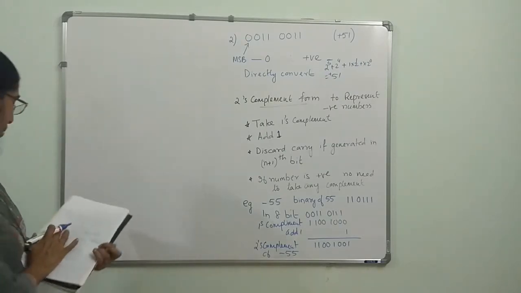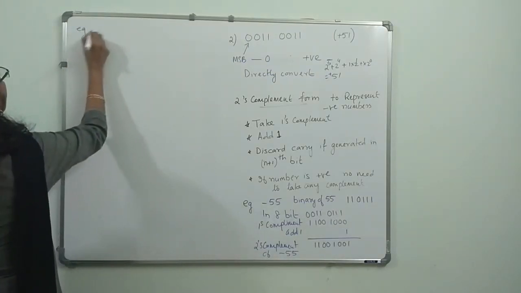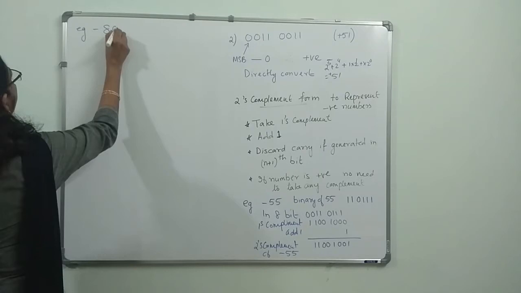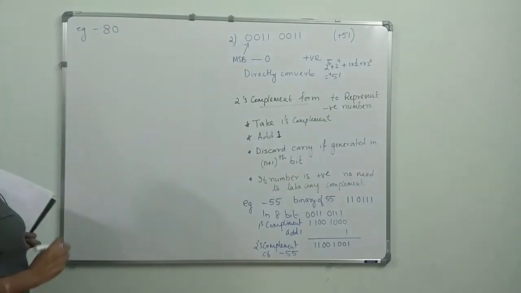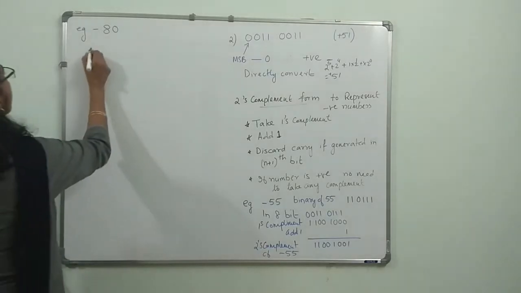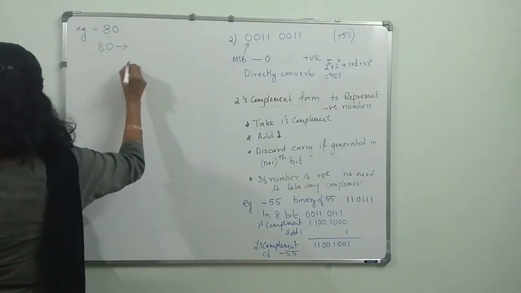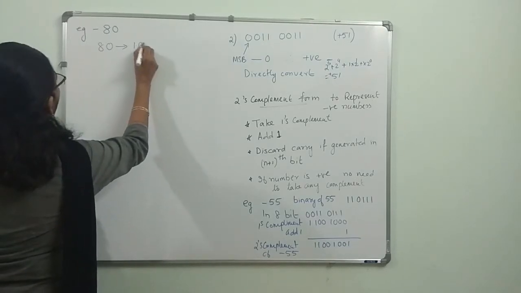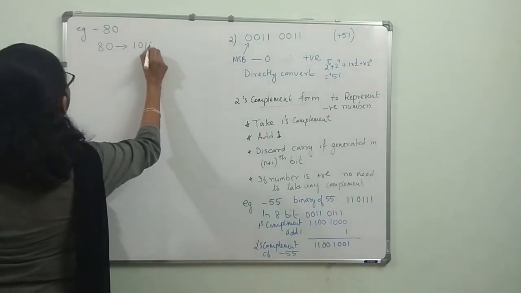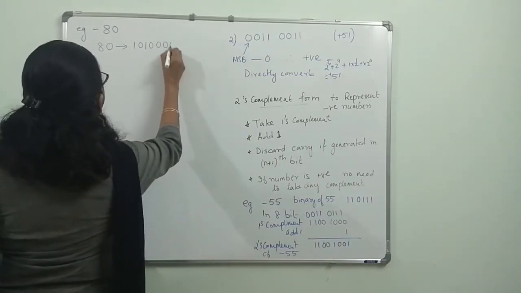We'll do a few more examples. Next one, let us take the example of minus 80. First you will have to write down the binary for 80. The binary for 80 is 1 0 1 0 0 0 0.